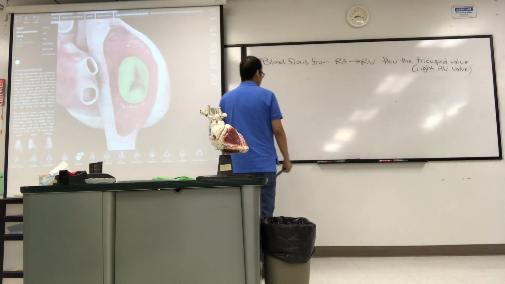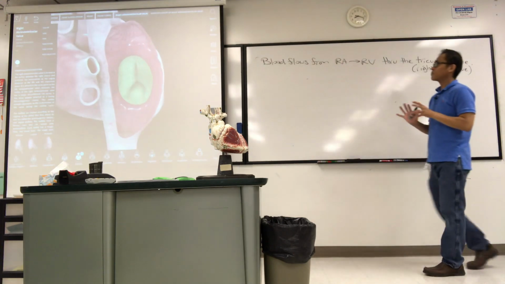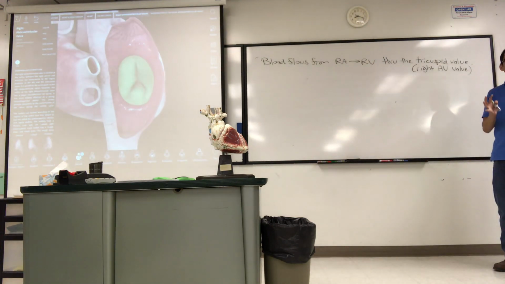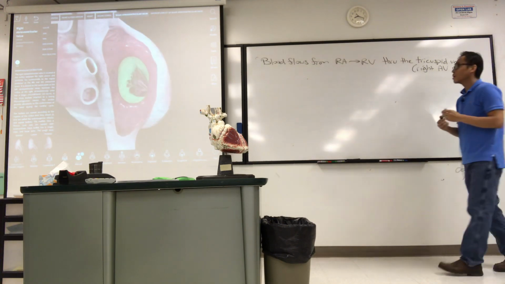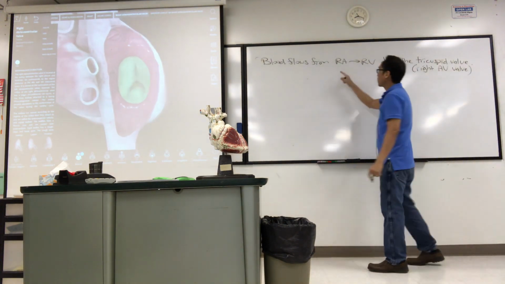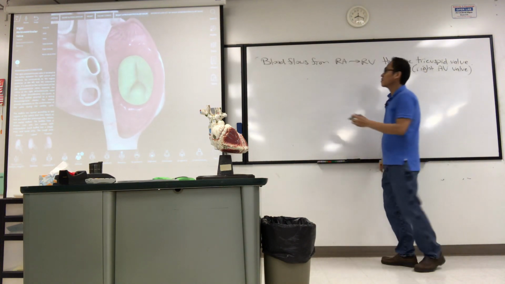So blood flows through there, and the whole purpose of valves in general is they prevent backwards flow of blood. When blood flows from RA to RV, the valve is open.